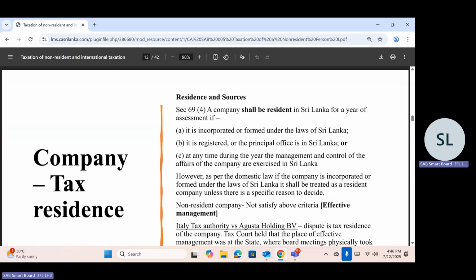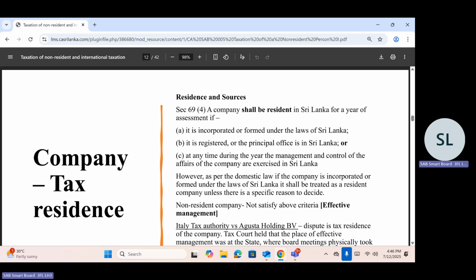So in case of a company, our important point, corporate taxation, right? Under that, if the company is incorporated or formed under the law of Sri Lanka, it could be under the Companies Act or any act, it shall be considered as a resident company for Sri Lanka tax.